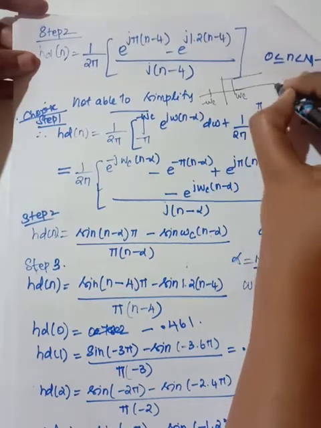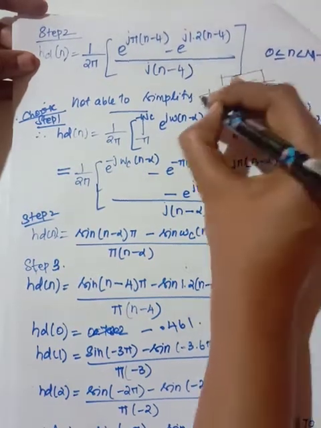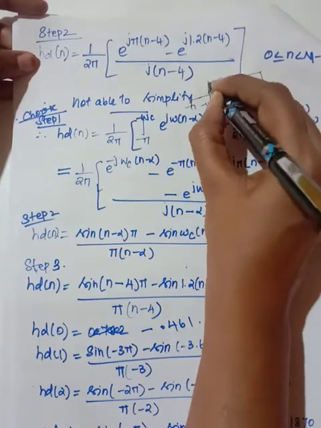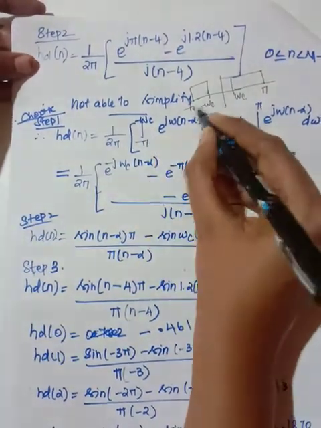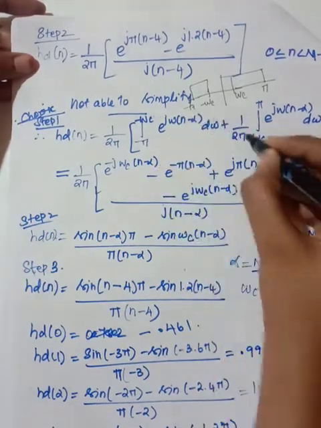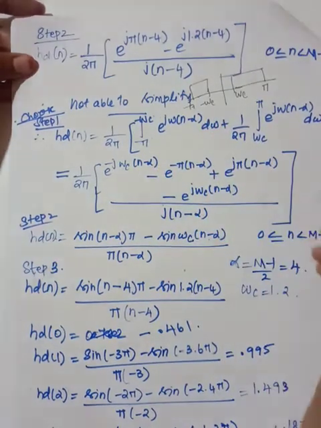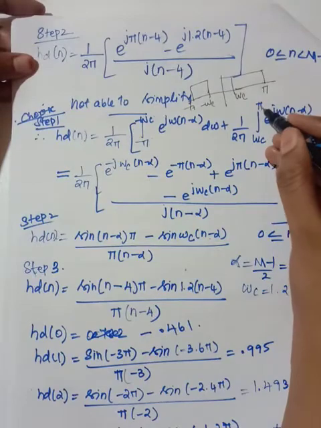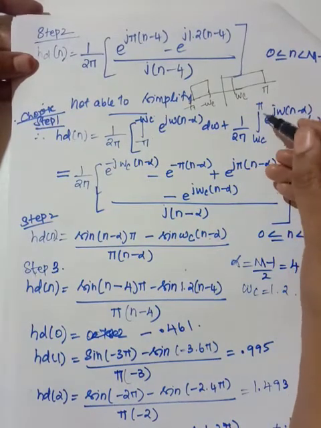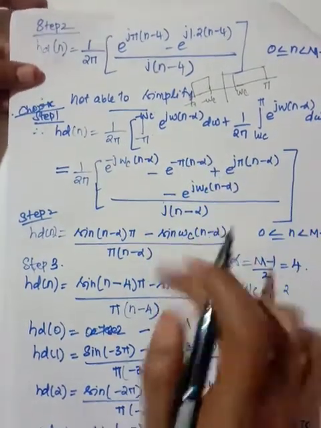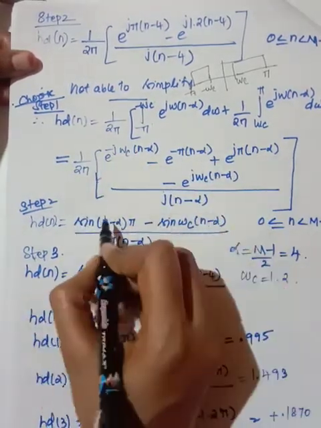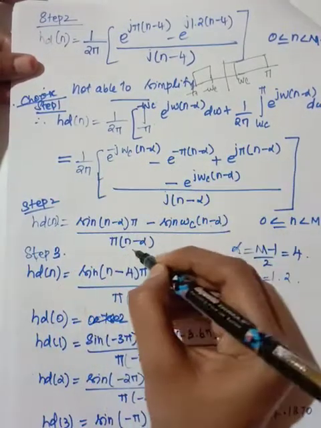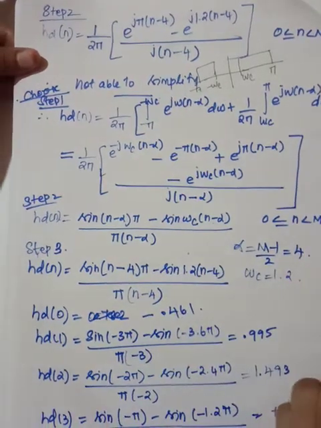Since it is a high pass filter, the transfer function will be like this, right? So minus pi to minus omega c, then omega c to pi. Okay, so here I am going to simplify this. Now I have got the mathematical representation of this, so that I can easily simplify it.